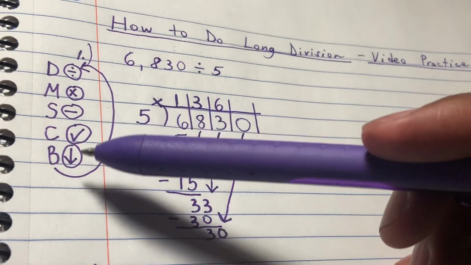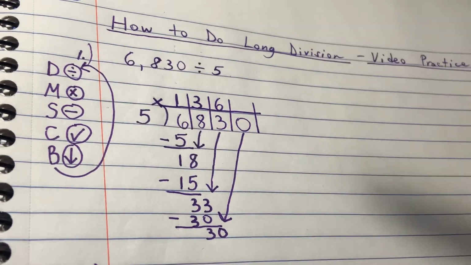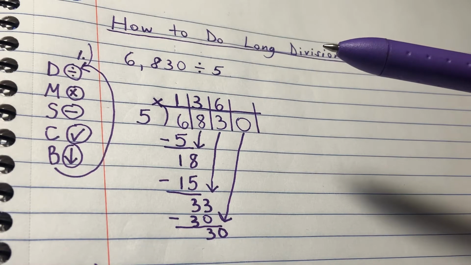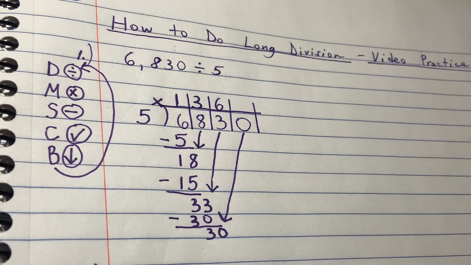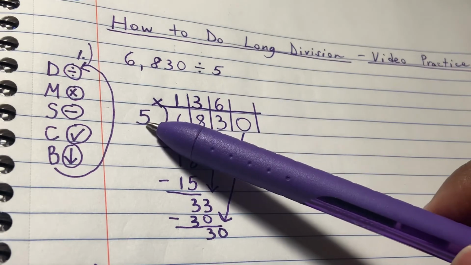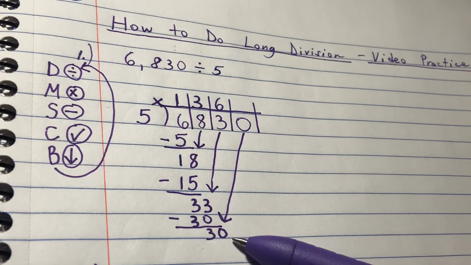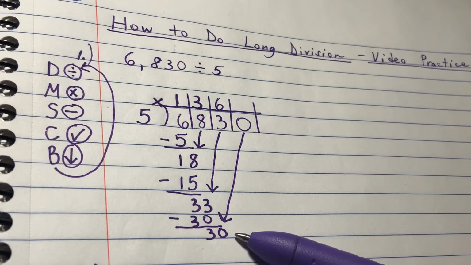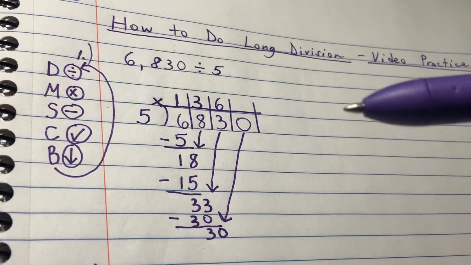And after bring down, follow your guide, go back to divide. Someone tell me before I say it. What are we dividing? We're dividing what into what? Good. Someone just said, Mr. Barbier, you're going to divide 5, the divisor, into 30. Okay, so we're going to count by 5s, right? Yes, we are. 5, 10, 15, 20. Okay, how many times? Good. Someone just said 6 times.